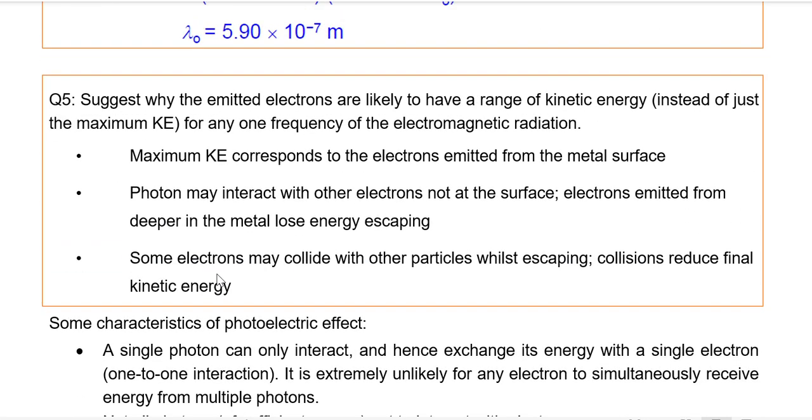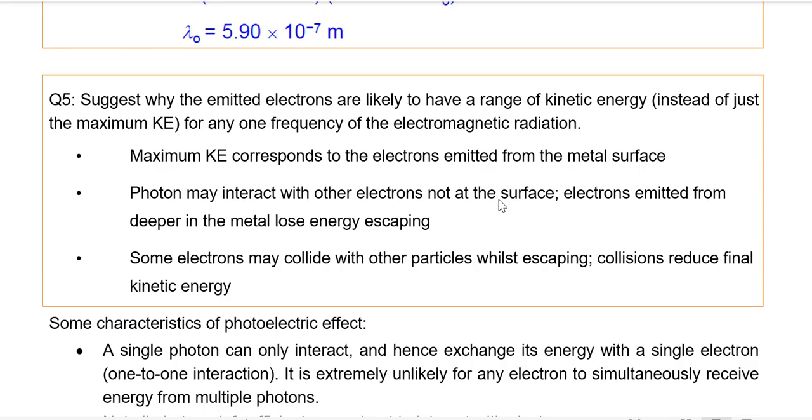So the maximum KE only corresponds to electrons emitted from the metal surface, which are the easiest electrons to remove from the metal. But electrons not at the surface, more inside the metal, are harder to come out. So electrons emitted from deeper in the metal will lose energy escaping, and therefore will not come out with max KE.